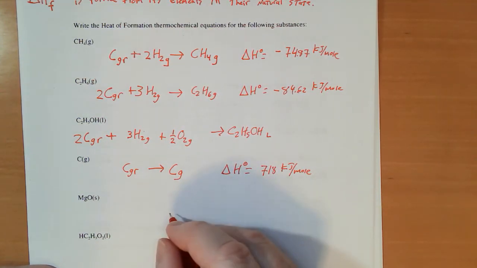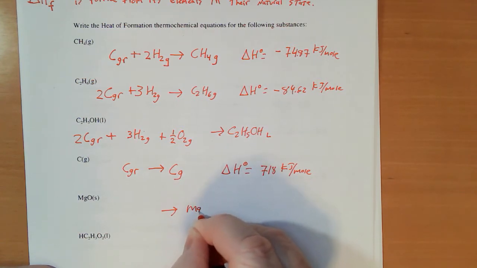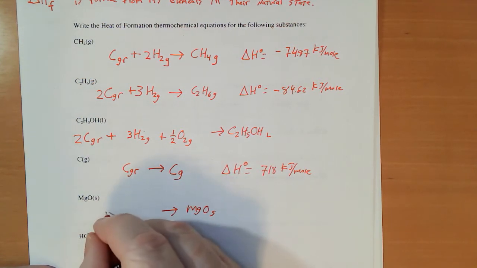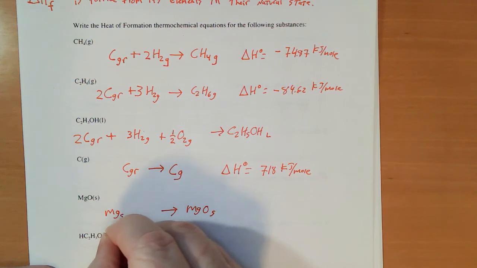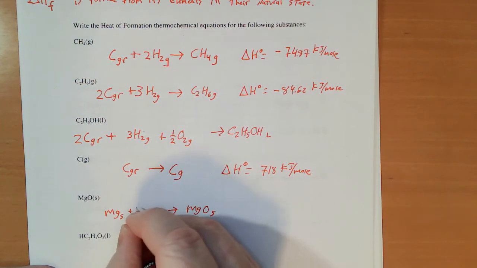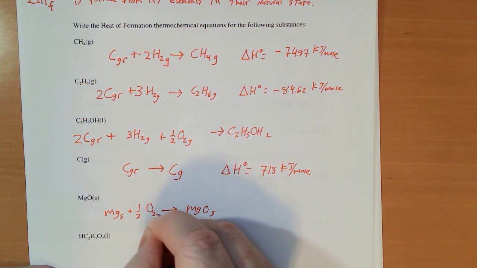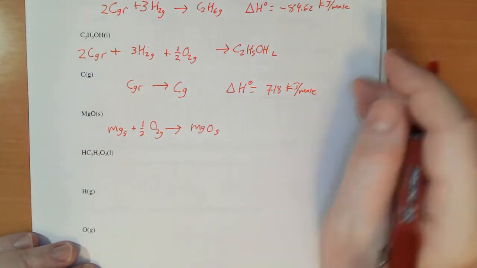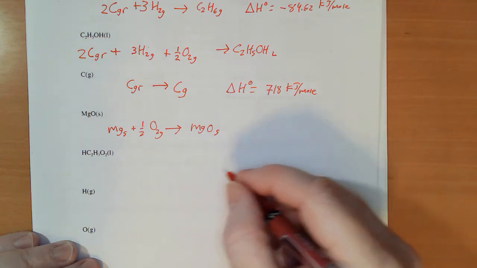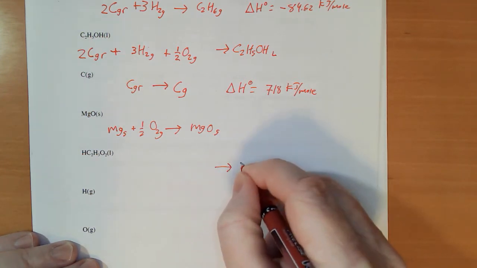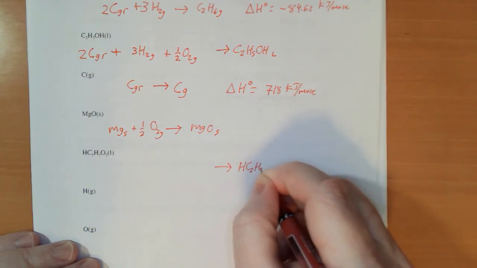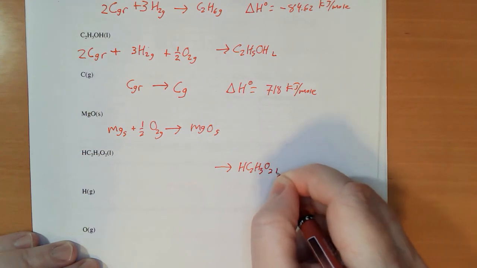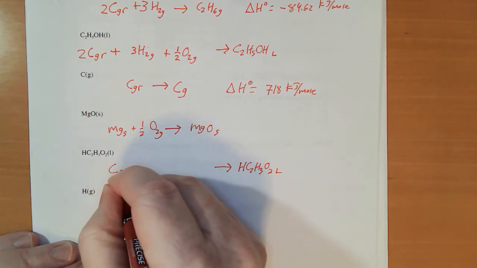Now for magnesium oxide, MgO, solid, we would have magnesium, whose natural state is a solid, plus 1/2 of O2 gas. That's that heat of formation. For acetic acid, HC2H3O2 as a liquid, I'm going to need carbon, graphite.